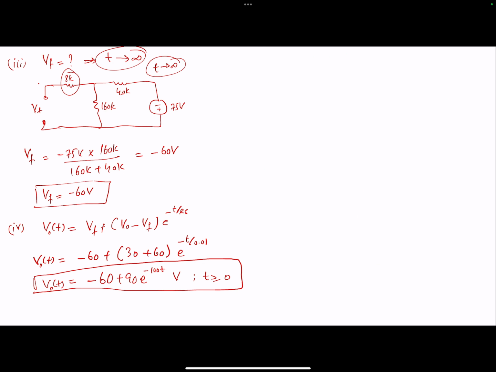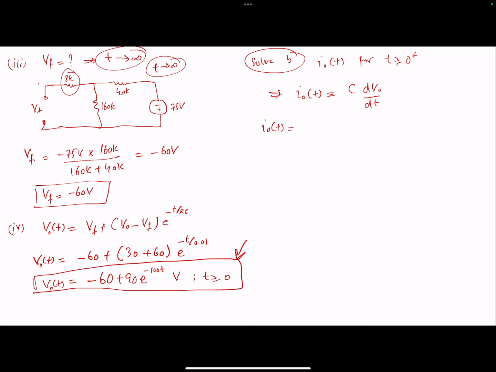Okay, so let's solve for B now. And for B, it asks you to find the value of I naught of t for t greater than or equal to 0 positive. I already derived this equation, right? C times dv naught over dt. And all you need to do is to take a derivative of this equation.